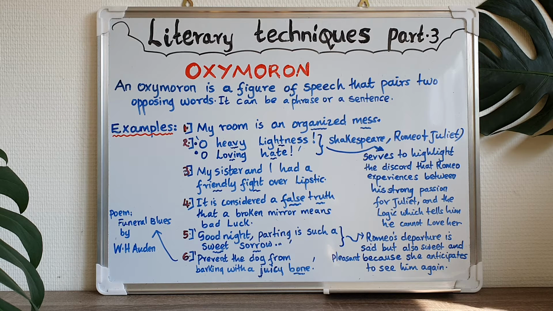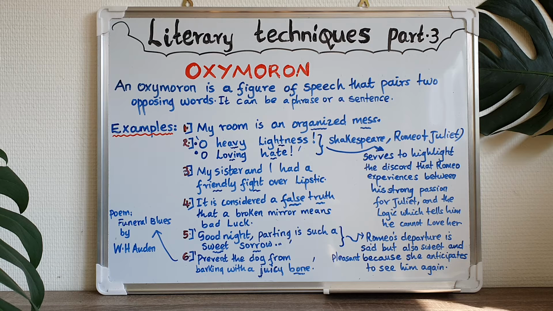Now, in that example, you can see the use of oxymoron in the words friendly and fight. These two words are contradictory. They contradict each other. They are two words that have an opposite meaning, but they are paired together. Now, what is the effect of doing that?